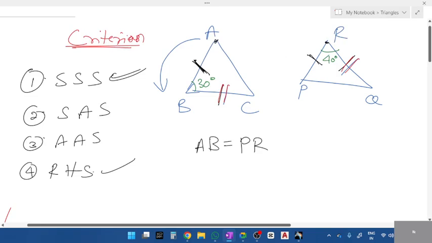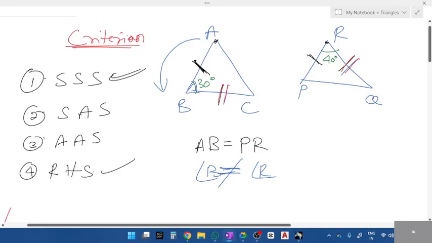Angle is given. After the side, what is the angle given? Angle B is equal to... This side, this side, what are the other things given? Are they equal? They're not equal. Can you see, in between two lines, angle B is given.